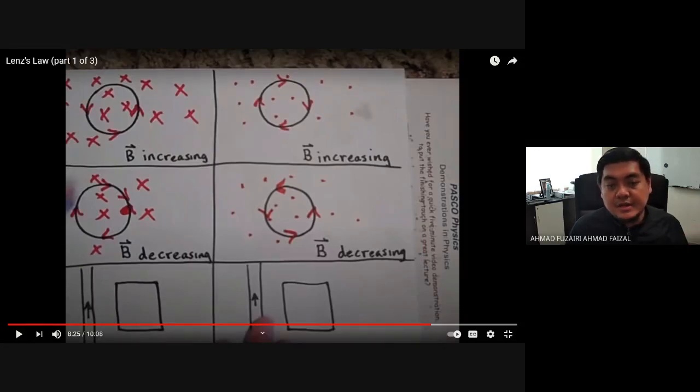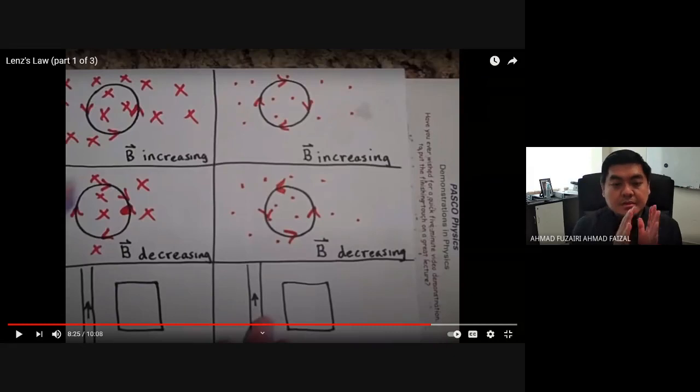Then on your top right is B, B increasing. On the middle left is B decreasing, so that is C, and B decreasing on the middle right is D. A, B, C, D.